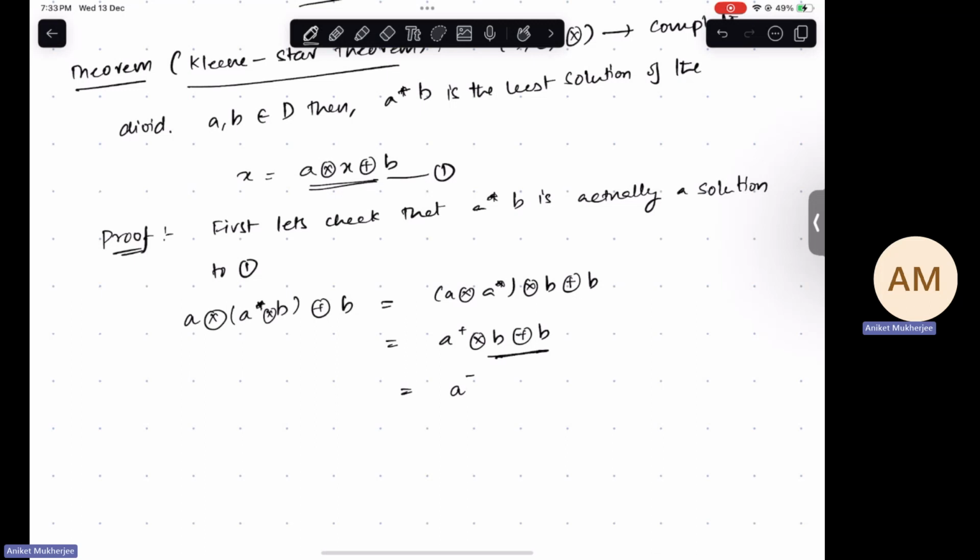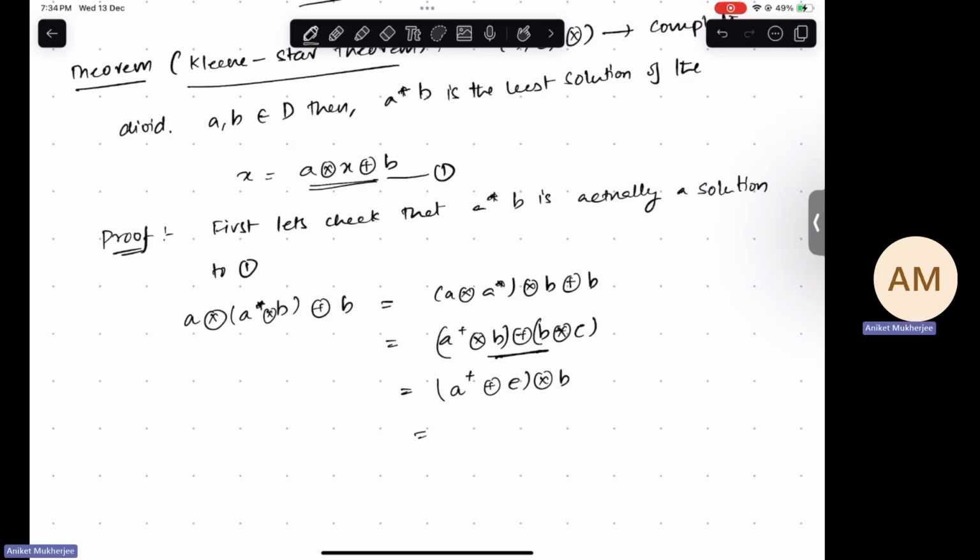So you'll get A plus E into B. So we'll take B common. So this B can be written as B into E because E is the unit. So now you basically distribute it over the second operator, right? Okay.